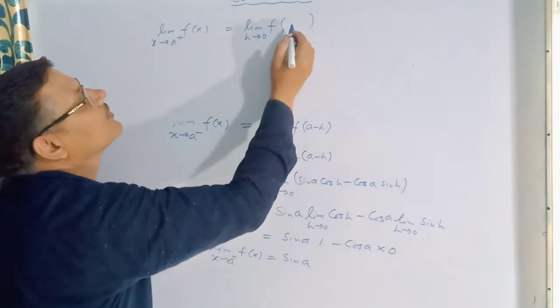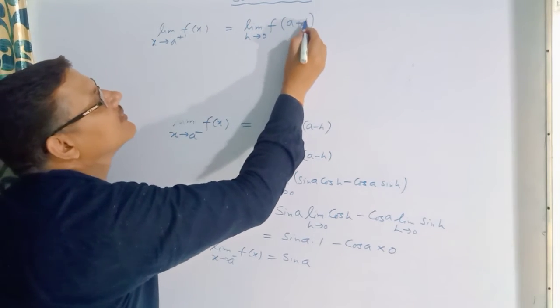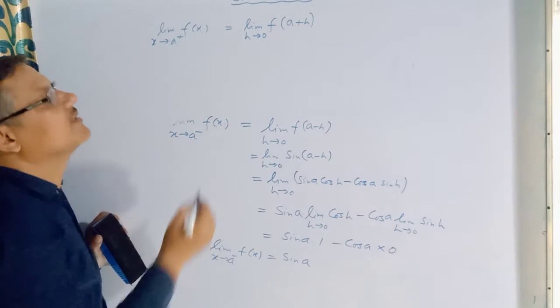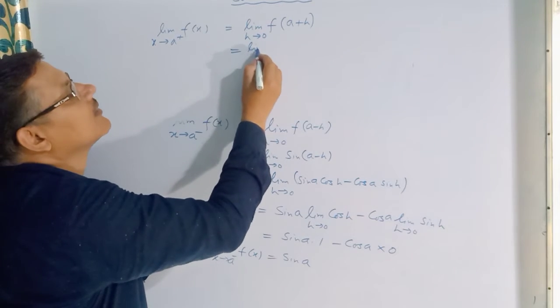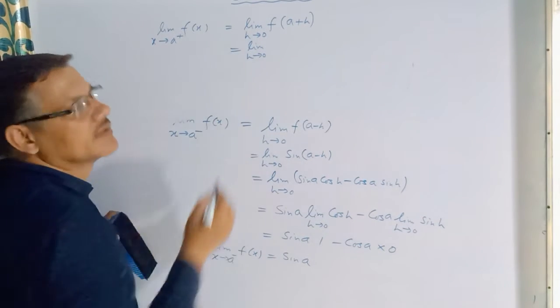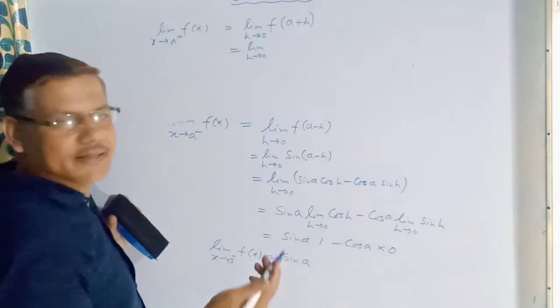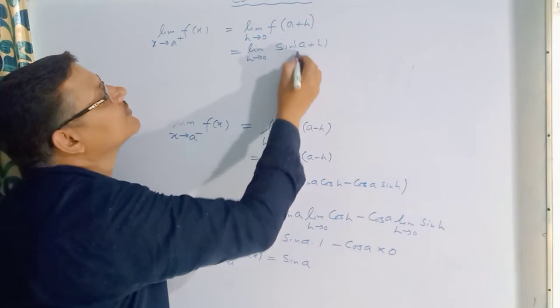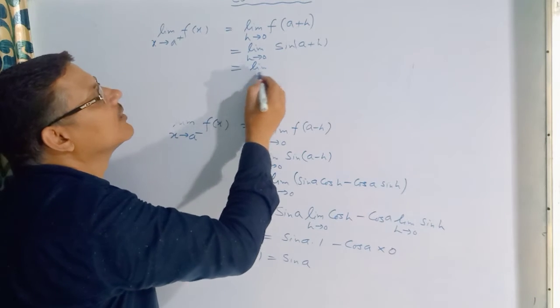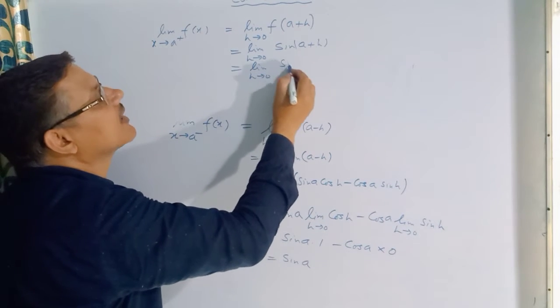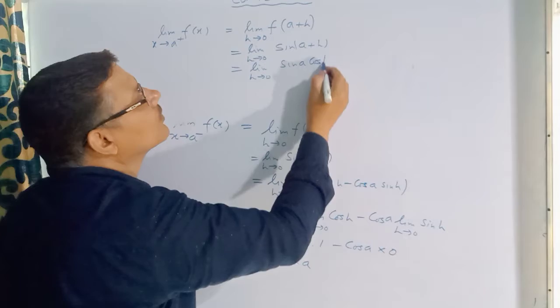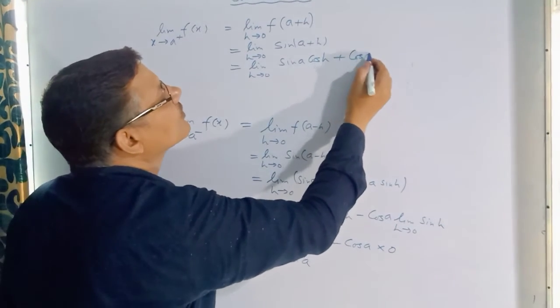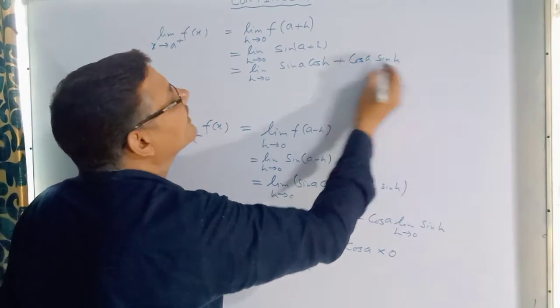Very simply we write the limit as h tends to 0 of f(a + h). Since the function is f(x) equal to sin x, we get sin(a + h), which is the limit of sin a cos h + cos a sin h.